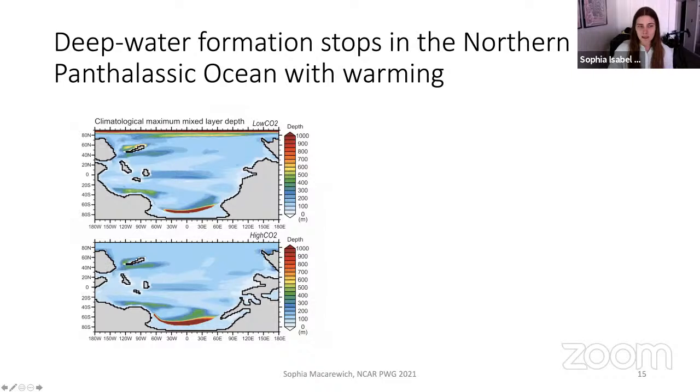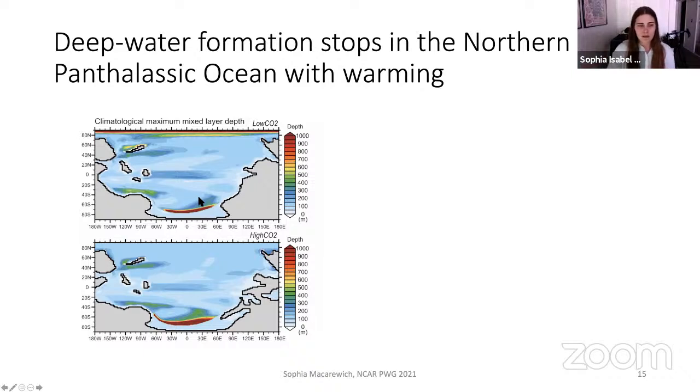The second mechanism we found to support oxygen loss was a stopping of deep water formation in the northern Panthalassic Ocean with warming. Here I'm showing global maps of the climatological maximum mixed layer depth. Essentially that is taking the maximum mixed layer depth of every ocean grid cell across the whole year.